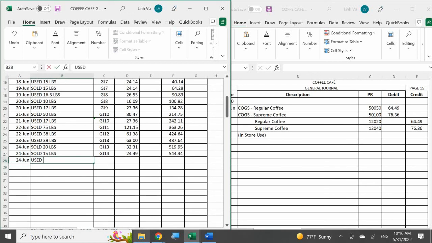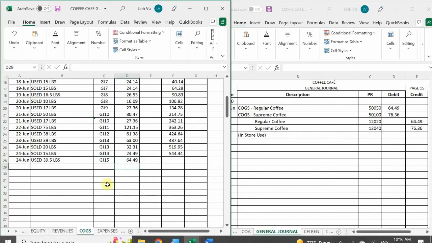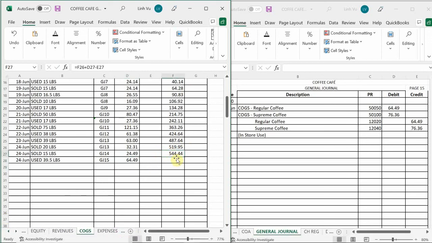Okay, we used 39.5 pounds. Oh, we're on the 15 now, which cost me $64.49. Okay. Racking up a total of $608.93.